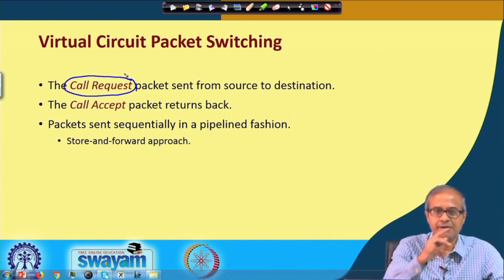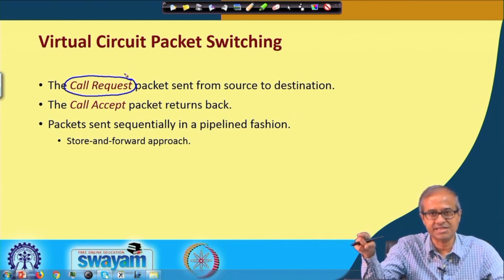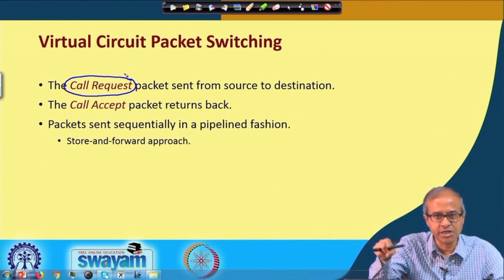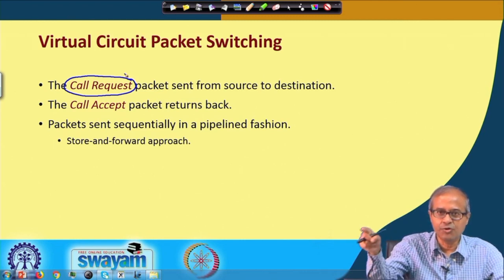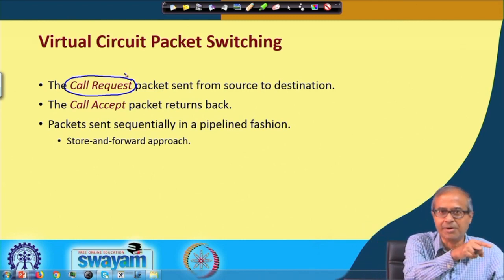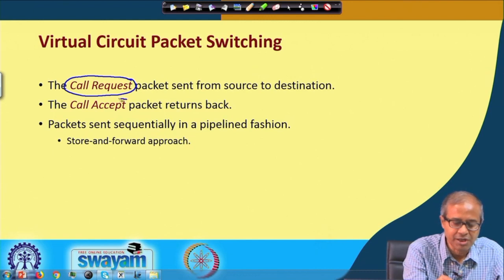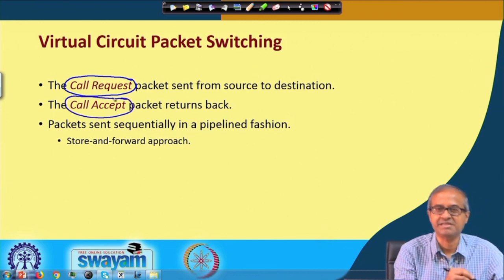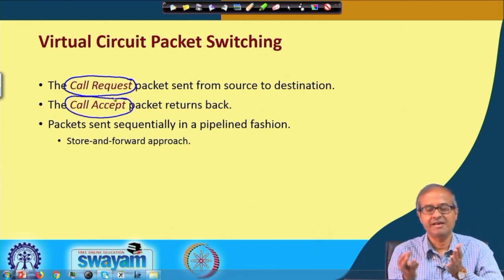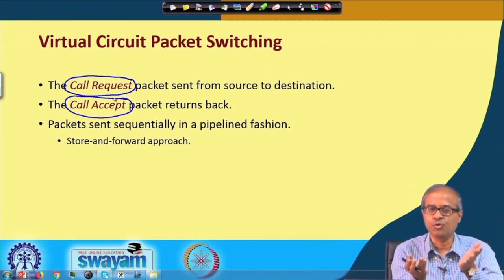Once the virtual circuit has been established, an acknowledgement packet will traverse along the same path back. This is called a call accept packet, so that the sender and all the intermediate nodes will know that the circuit has been established.